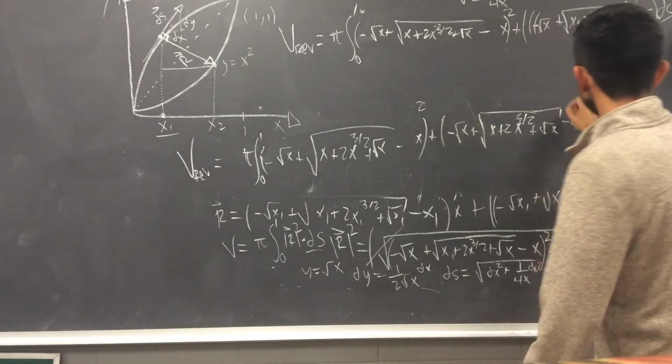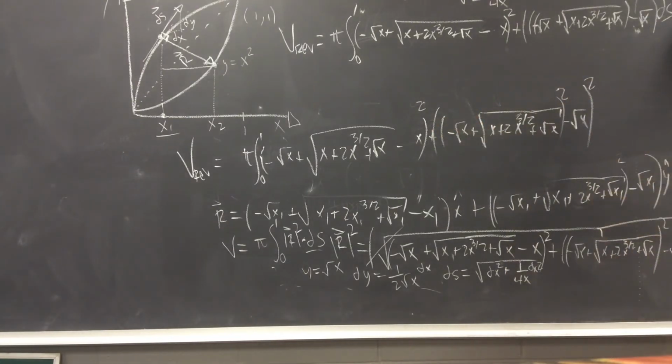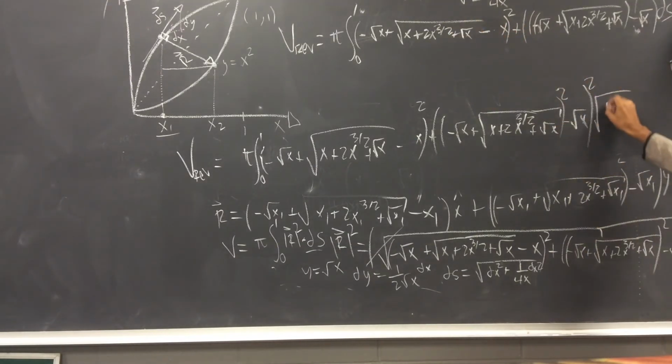This inside is squared, and then everything together is squared again, times ds. ds in this case is the square root of 4x plus 1 divided by 4x dx.